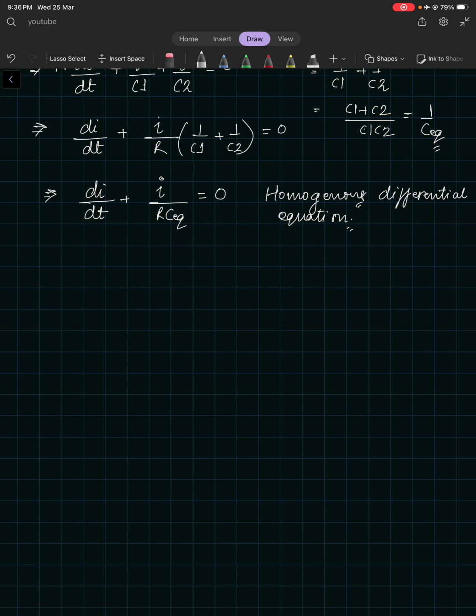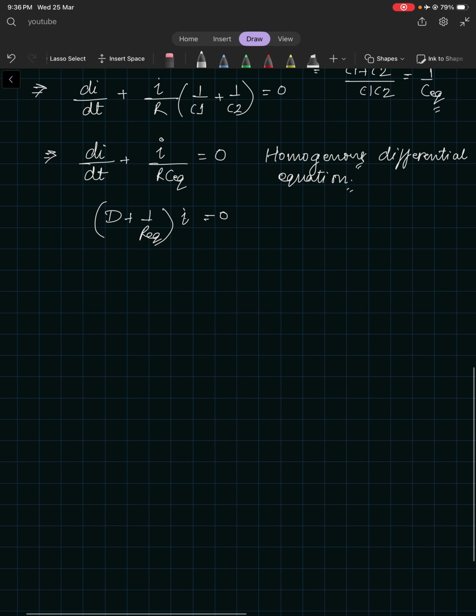We can directly calculate the value of I. So generally it is written like D plus 1 by R C equivalent, I is equal to 0. So what is the solution of this equation? It is straightforward.